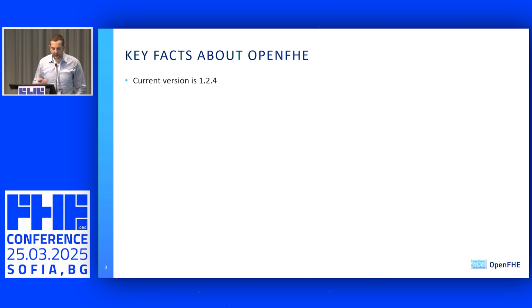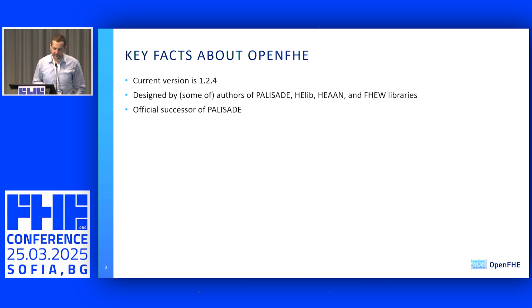And a couple of key facts about OpenFHE. So the current version is 1.2.4. And as I mentioned previously, OpenFHE started as an effort from co-authors of multiple libraries in the past. And we are also considering OpenFHE as an official successor of Palisade, the prior project.